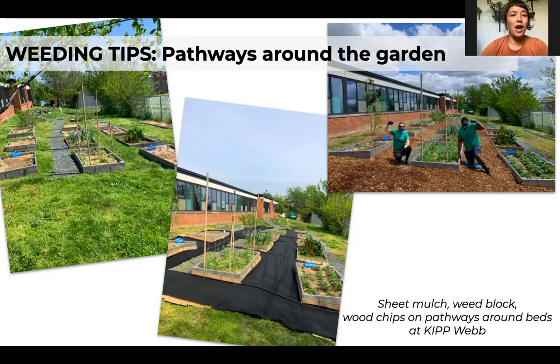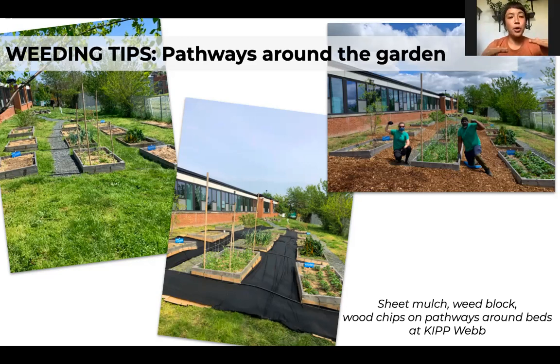Because the grass was really unruly, we used a system where we put down cardboard. You can see in the middle there, we have our cardboard, or sheet mulch, as the first layer, and cardboard is paper, so eventually it will decompose. But it adds that extra layer to suppress weeds from growing back.